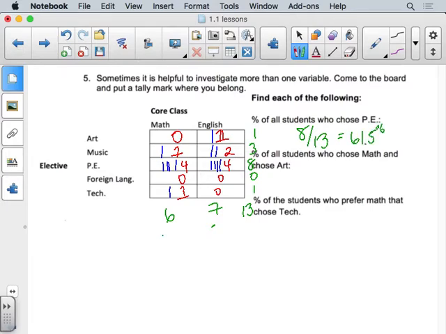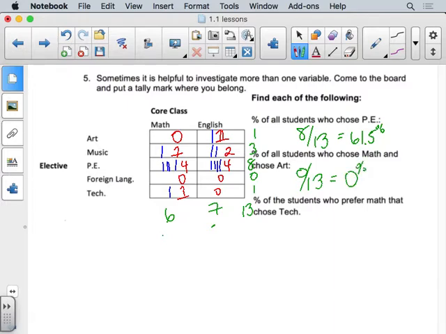So 61.5. That's good. Okay. The percent of all students who chose math and chose art. Let's see. Math and art. Yeah, 0. Dang. I guess that could kind of make sense. I mean, those are two different spectrums. If you like math, you're probably not artsy. Okay, so I think that is 0%.